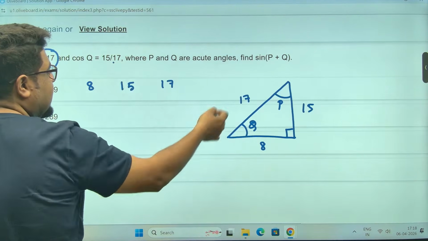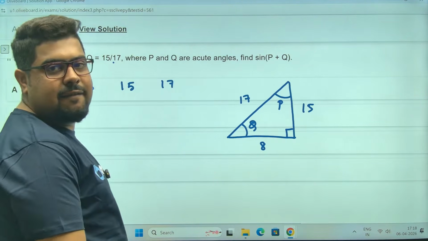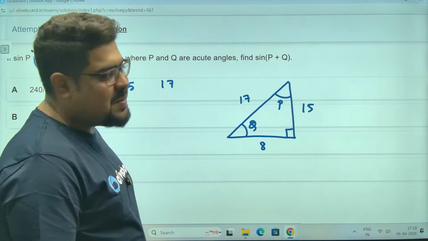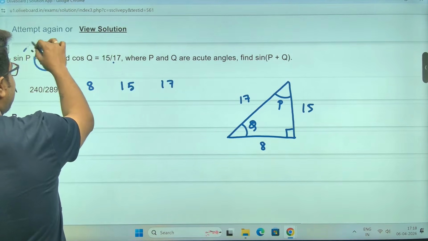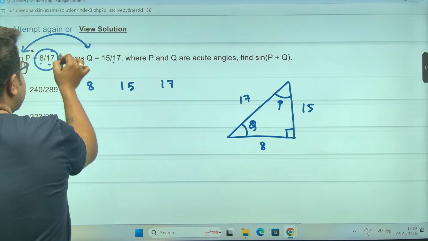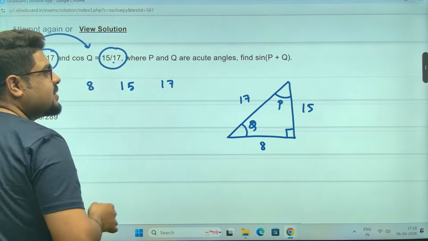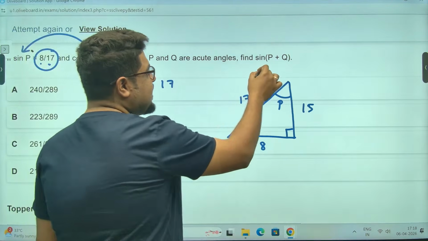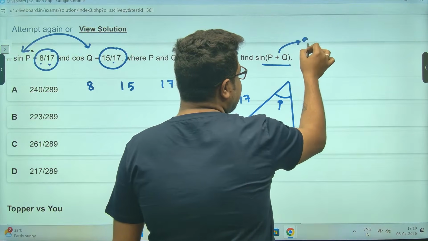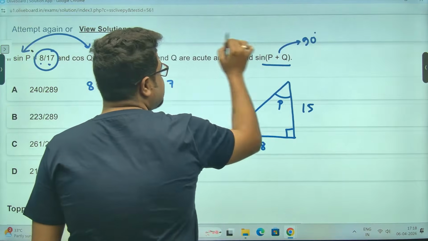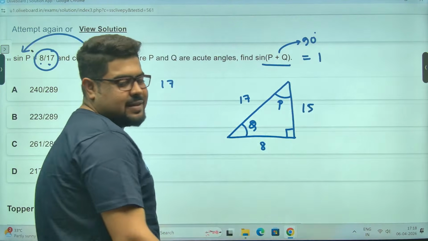So cos Q can never be 15 by 17. Because sine P must be cos Q, because they have used the same set of values, because P plus Q must be 90 degree.